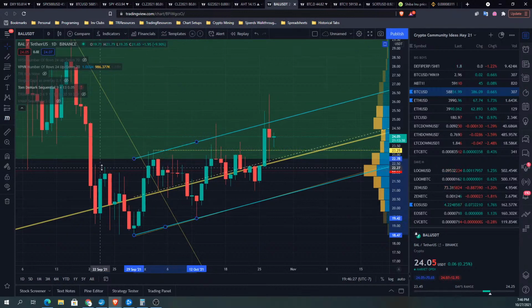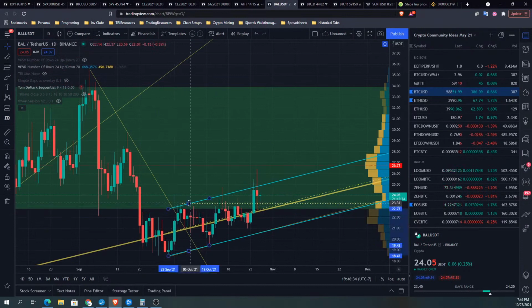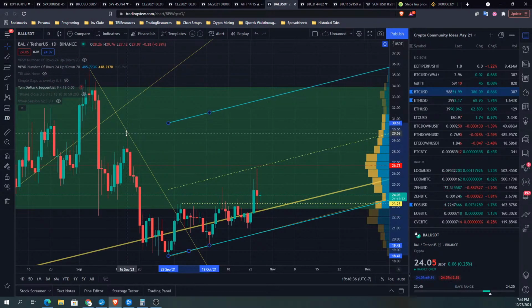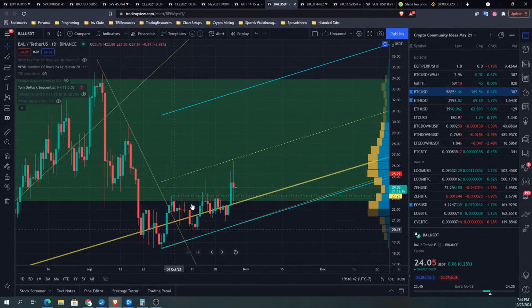And then you could also do the channel off of this high as well. So that explains that. So that's probably your channel that's working. And if it M's out below this, then you know that the up move is over. But actually it's sitting right at the buy level.